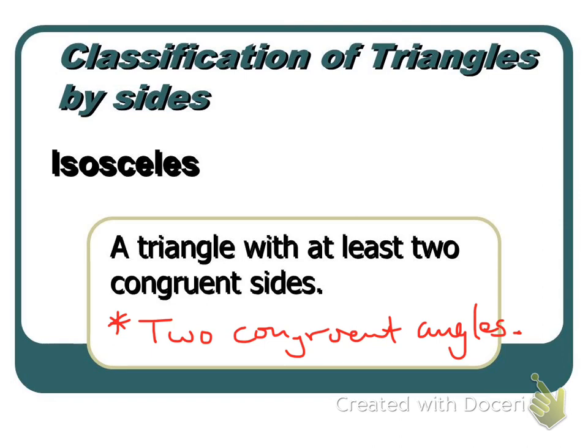Let's talk a little bit, next to isosceles, let's label an isosceles triangle. Here's the isosceles triangle, and remember in geometry you show that 2 sides are equal by putting the little hash mark there. So there's your 2 congruent sides. Those 2 congruent sides are called legs. So an isosceles triangle has 2 legs, and the bottom is called the base.